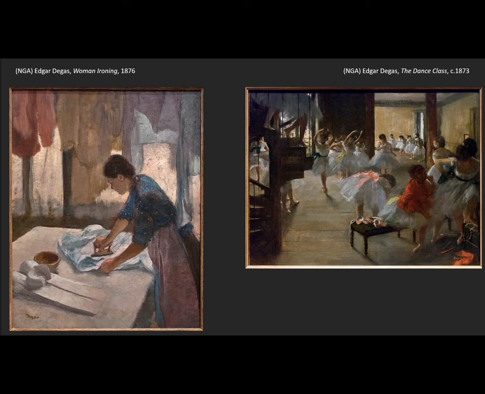In this case, the woman is cleaning and ironing clothes that are not her own. She will then deliver them to someone, and it is back-breaking work, being a laundress in the 19th century. Degas loves images of labor, and that's what he focuses on through most of his career.